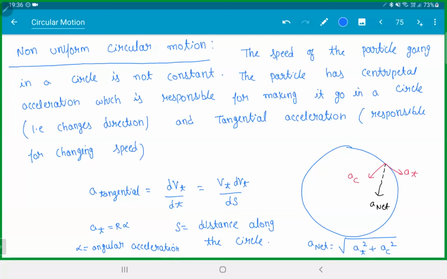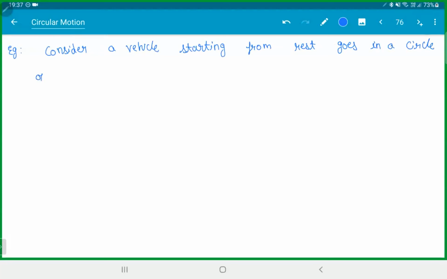Let me show you a problem. So consider a vehicle starting from rest, going in a circle of radius r with constant tangential acceleration.